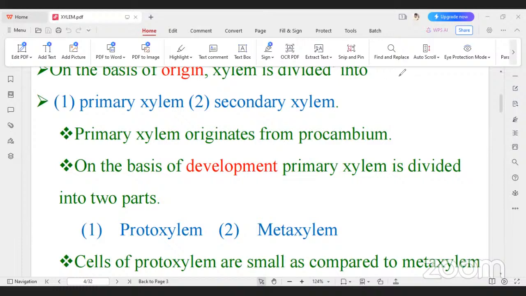Yesterday I explained where procambium is. In the origin of xylem, primary and secondary are clearly given. The primary xylem originates from the procambium cells. What is procambium? Where is it? Yesterday itself we completed procambium.